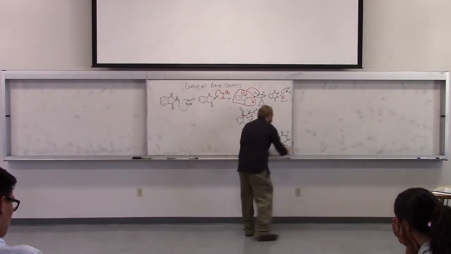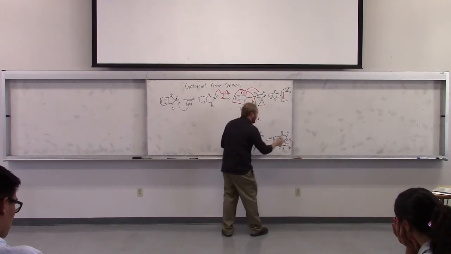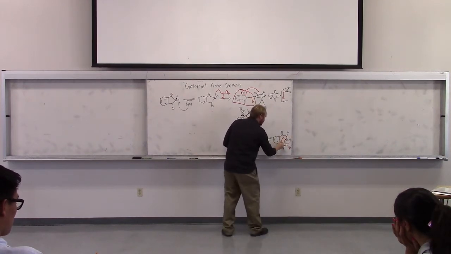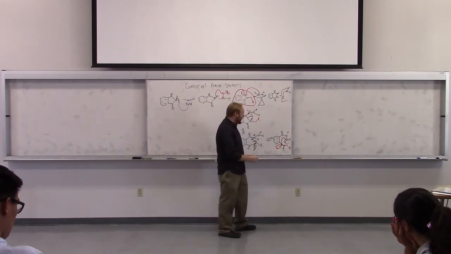So because we have the second amine, it can now add in, giving us a tetrahedral intermediate.